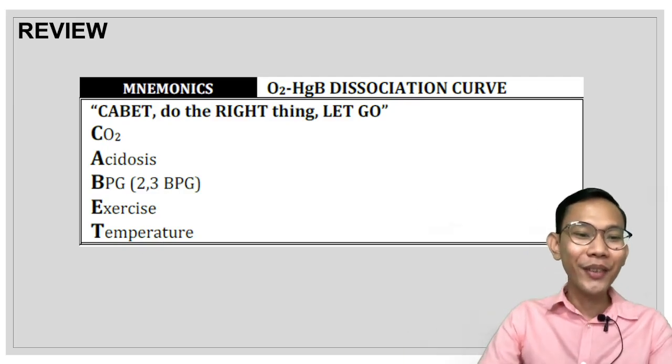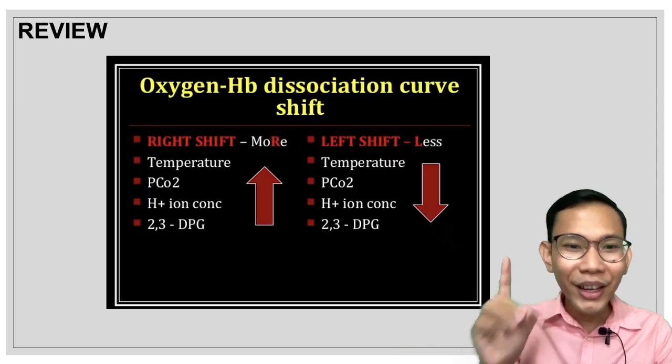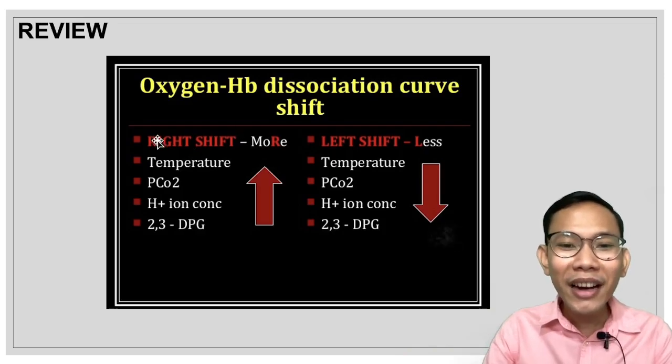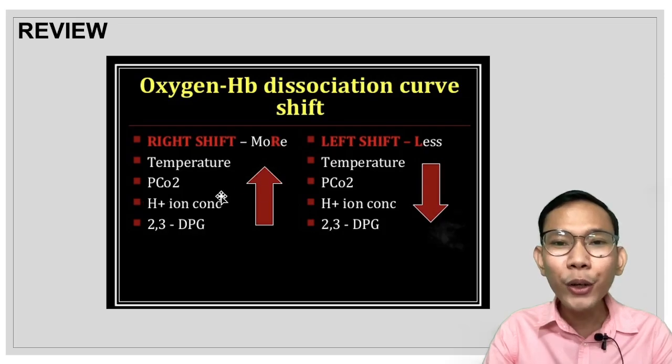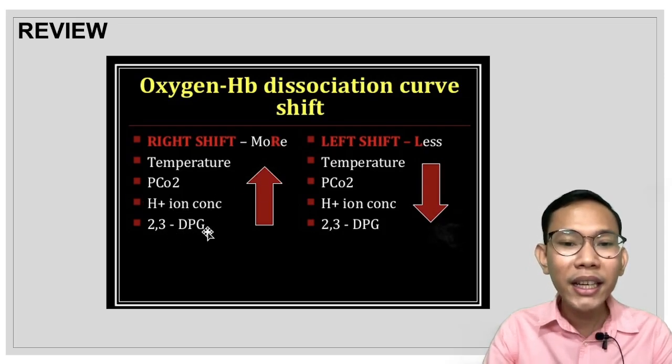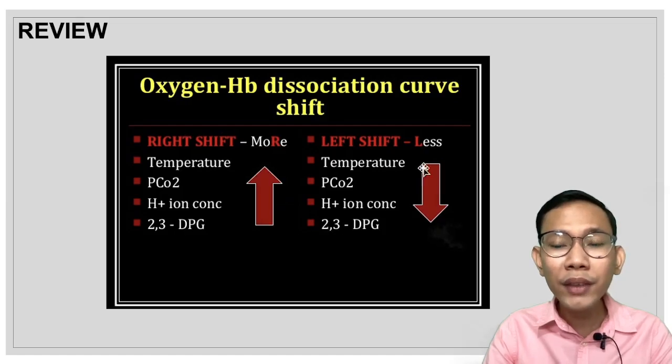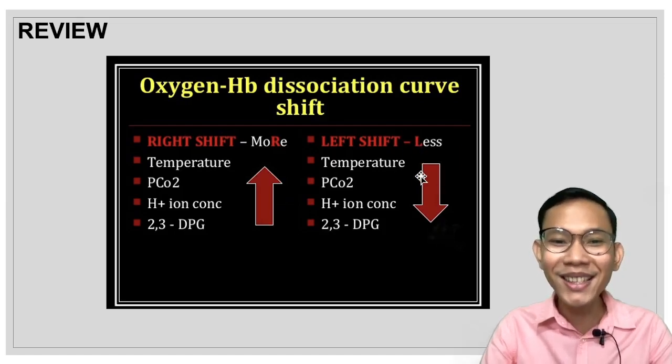Very good. Another mnemonics to remember, right shift, more. R, so right, more. So therefore, increase. So increase temperature, increase PCO2, increase hydrogen ion or acidosis or decrease pH, and increase 2,3 BPG. And the opposite of that is left shift, which is less.